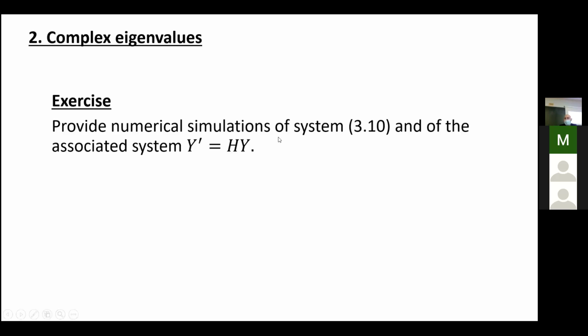All right, so we provided numerical simulations of system 3.10. We did it, so we're good with that. And now we move on to other cases.